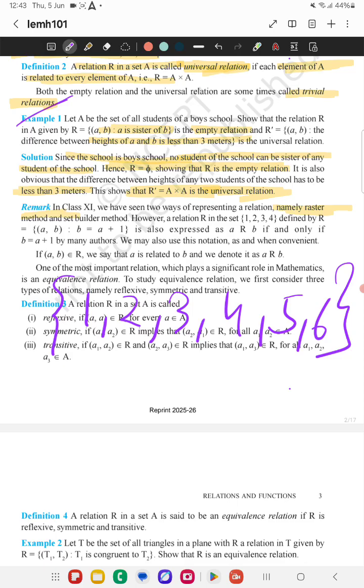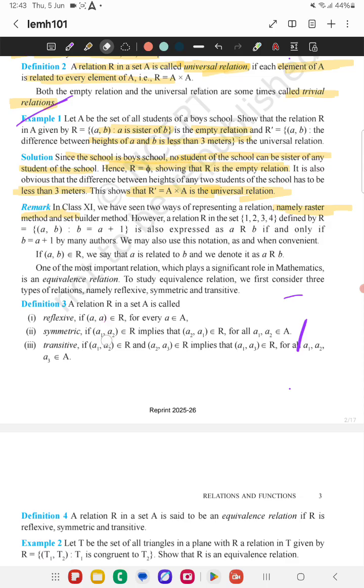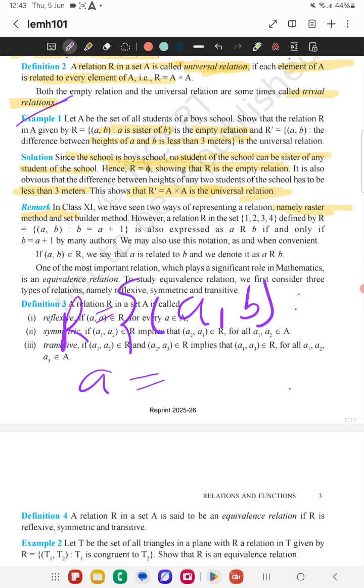And if you write the relation in terms of a statement, for example R is equal to {(a, b) such that a is equal to b plus 1}, or anything like that, in the statement form, then it is your set builder form. So you mention the relation in two forms: roster form and set builder form.